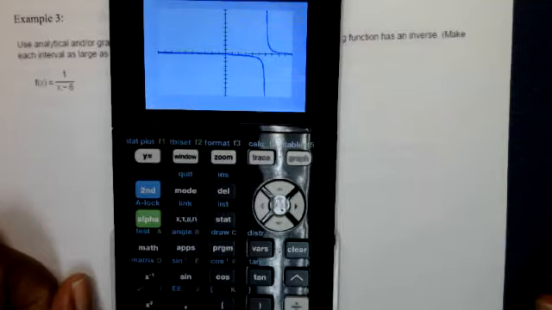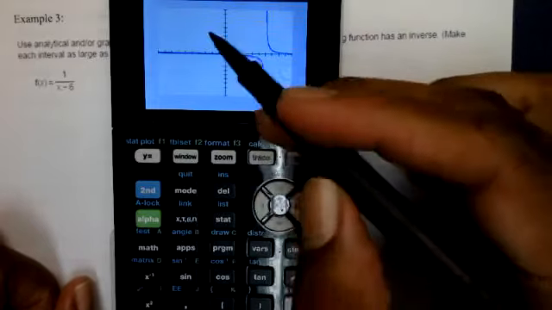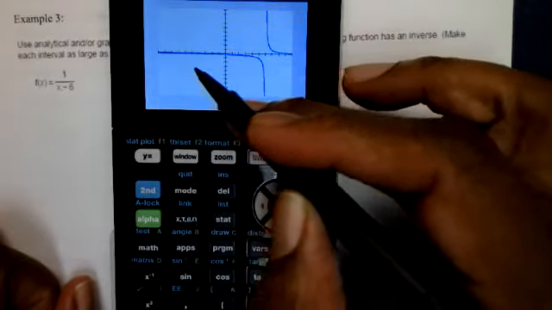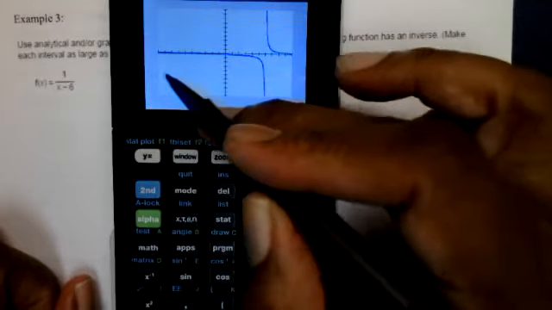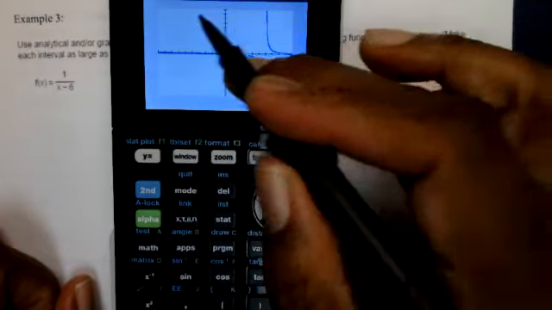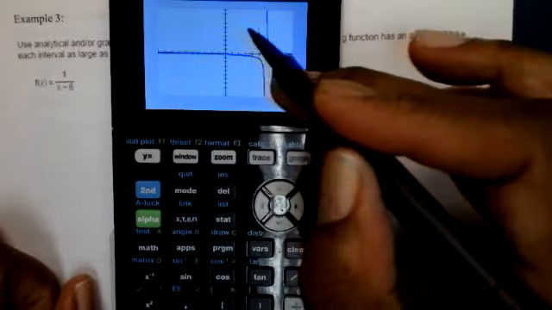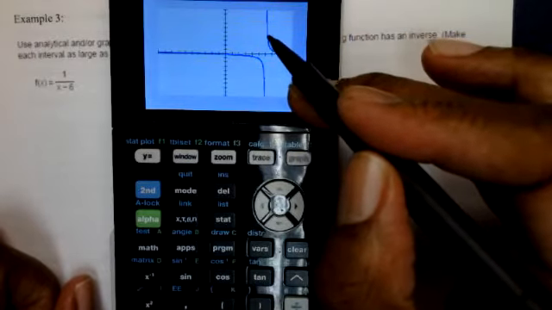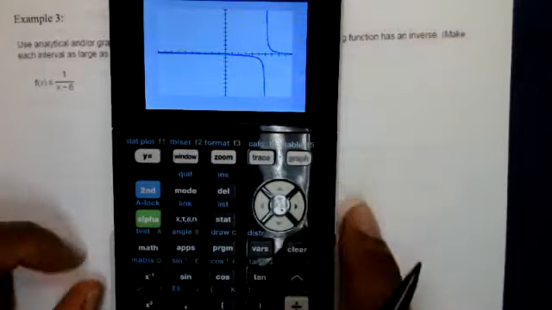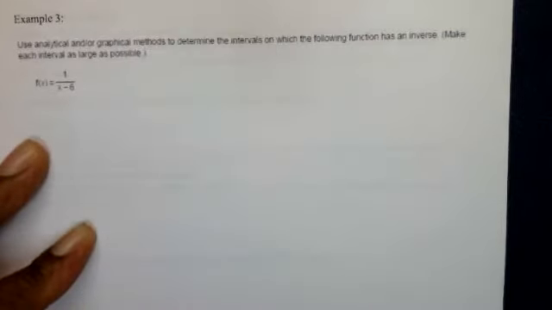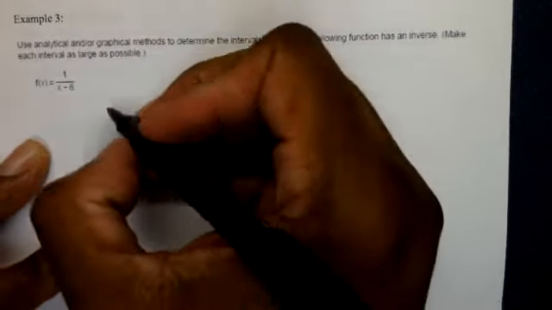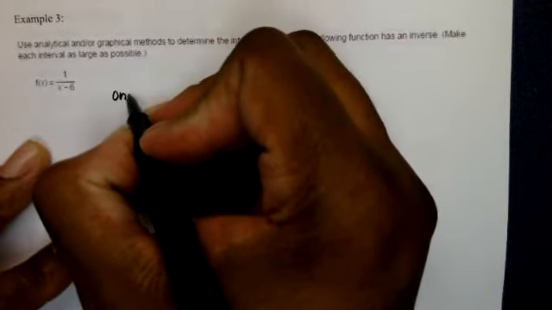Now, if I was to apply the horizontal line test, it would pass, because I can draw a horizontal line down here and it's only going to cross the graph at one place. Or I can draw the horizontal line above the x-axis, and it's still going to cross the graph at only one place. So if it has an inverse function, that means it is one-to-one.